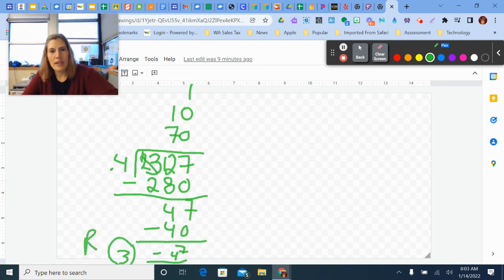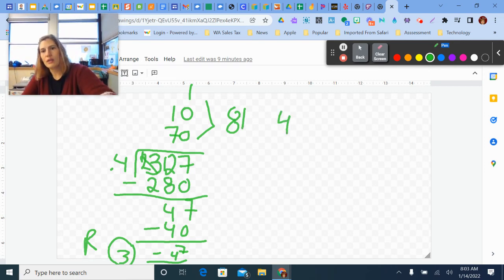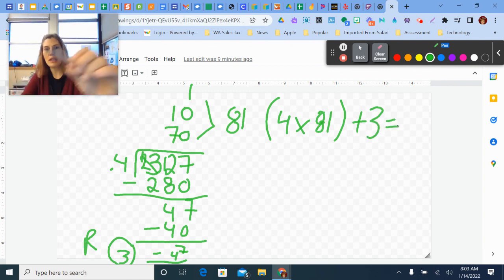Now I'm going to add these up. So I get 81. So 4 goes into 327 81 times with 3 left over. To double check it, I would say 4 times 81, in parentheses, plus 3 should equal 327, but I'm not 100% sure.